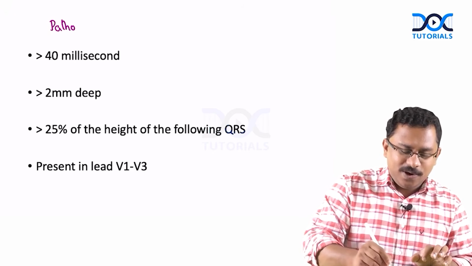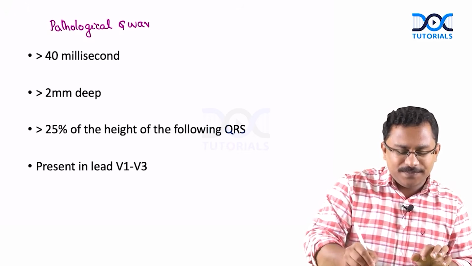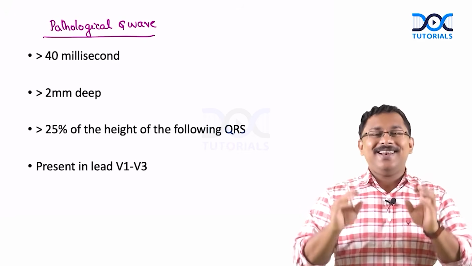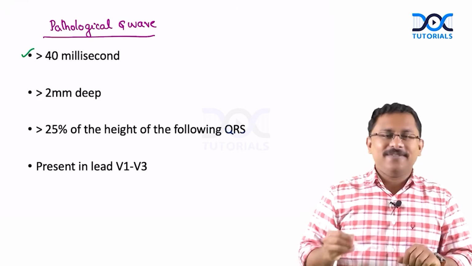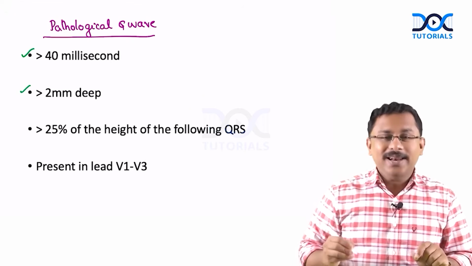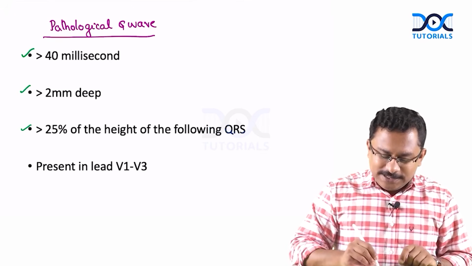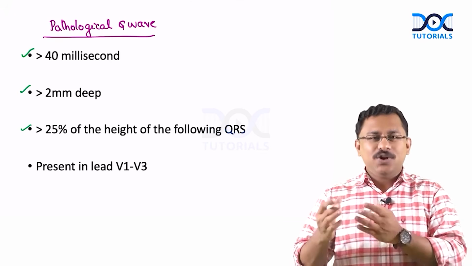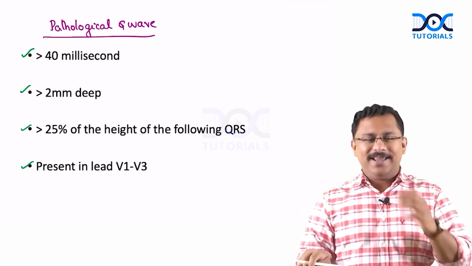So a large Q wave is the one that is pathologic. So when the Q wave is lasting more than 40 milliseconds, when it is more than 2 millimeters deep, when it is more than 25% of the height of the following QRS, and when it is present in leads V1 to V3.